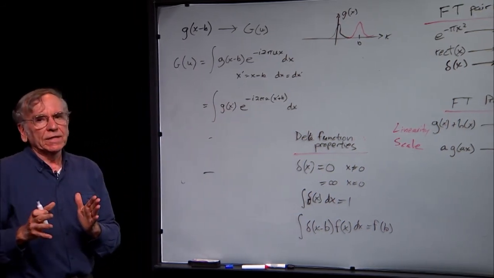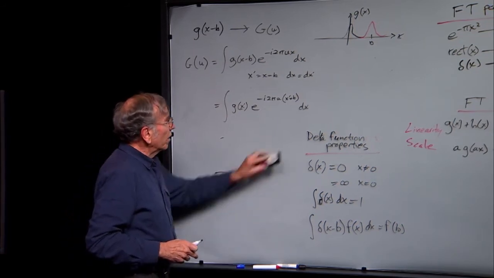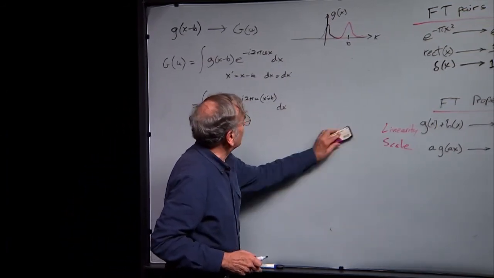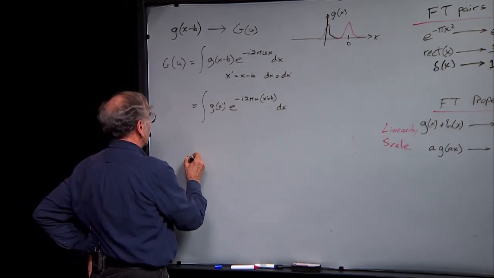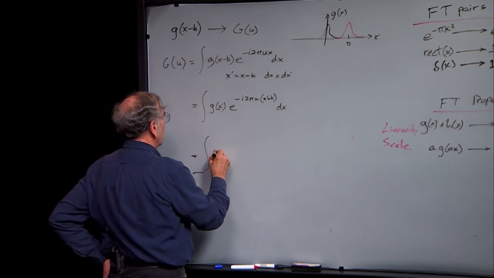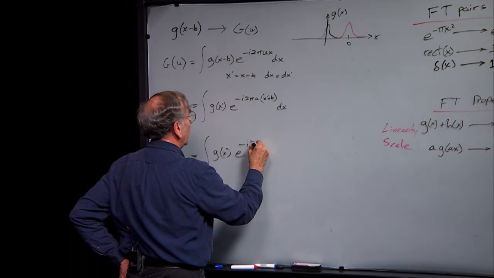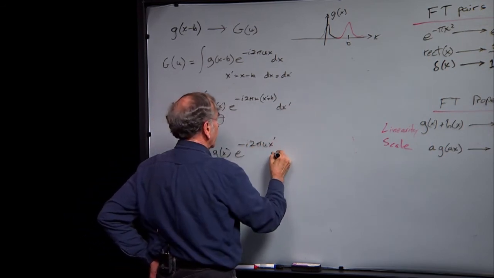So now I'm going to separate the exponential function into two parts. And one part is not going to depend on x, so I can take it entirely out of the integral. And so this is what it looks like. I have g of x prime, e to the minus i 2 pi u x prime, dx prime.